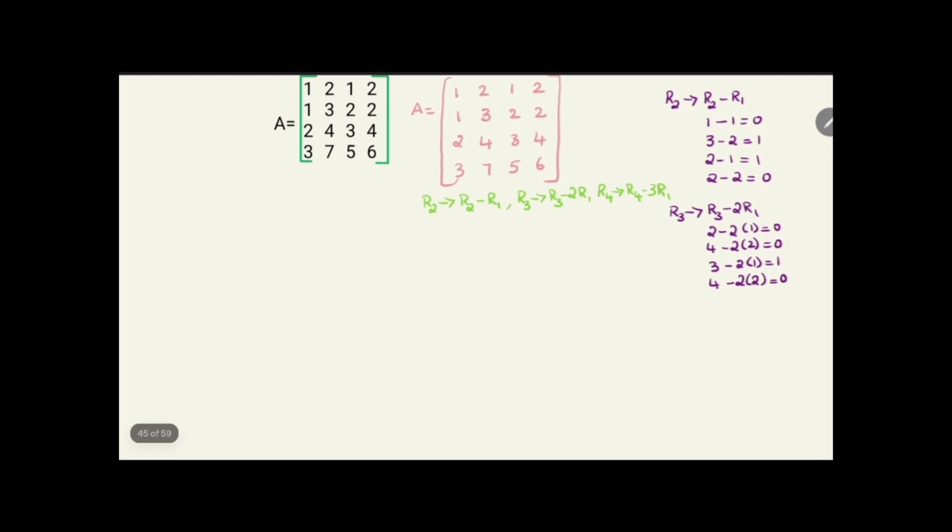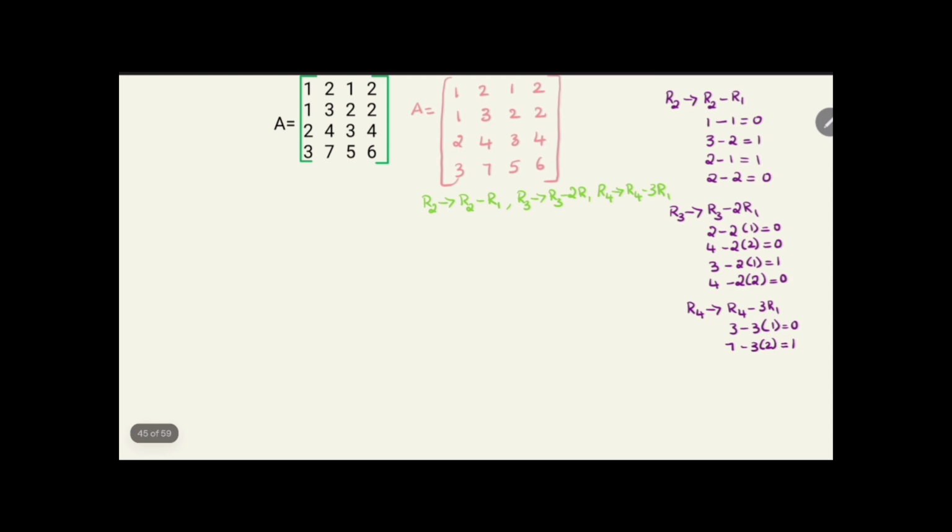Now what is the third operation? R4 implies R4 minus 3R1. What is the first element of R4? 3 minus 3 into the first element of R1, which is 1. So 3 minus 3 is 0. The second element of R4: 7 minus 3 into 2, 7 minus 6 is 1.